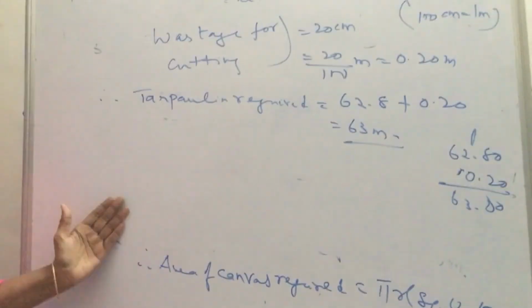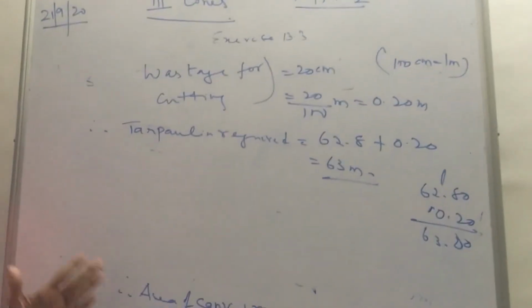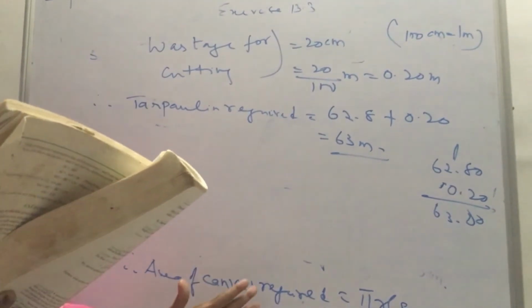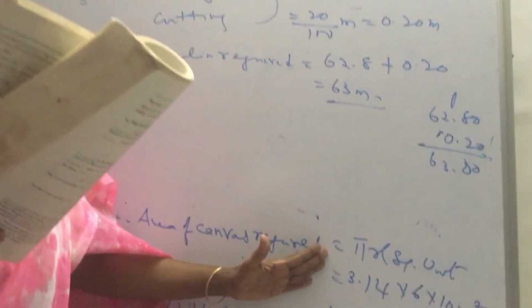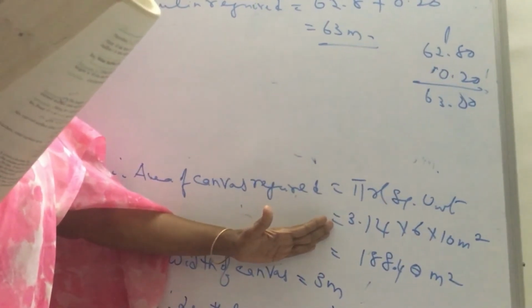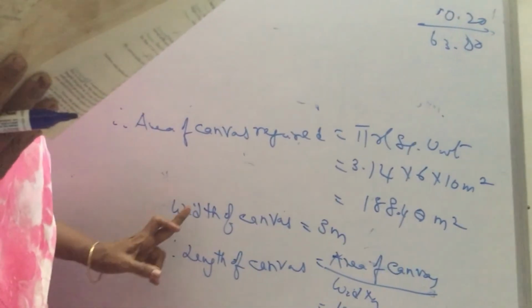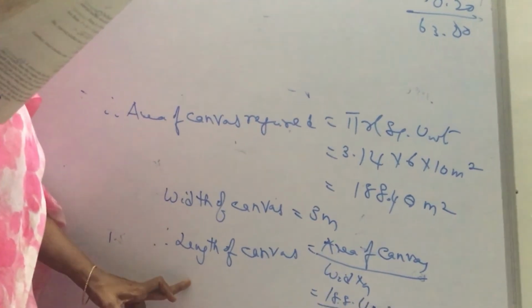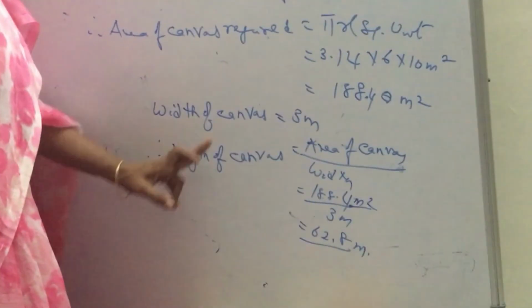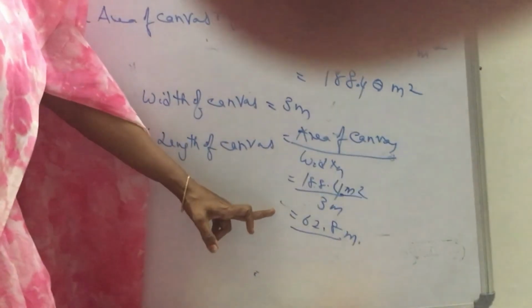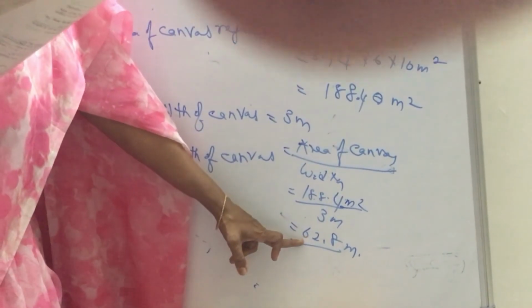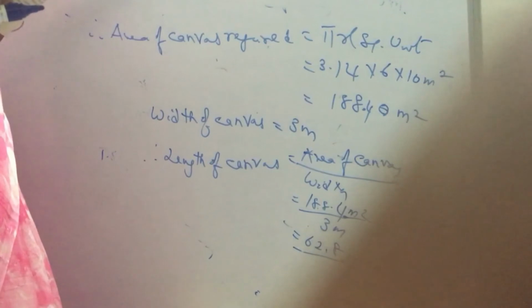First find out the area of the canvas required. What is the formula for the area of canvas required, children? CSA of the cone, that is pi RL. Length, width is also given. Length of canvas required is equal to area of the canvas by width, which is equal to 62.8 meters. Anytime you are giving your material for stitching, definitely we have to give some extra material.